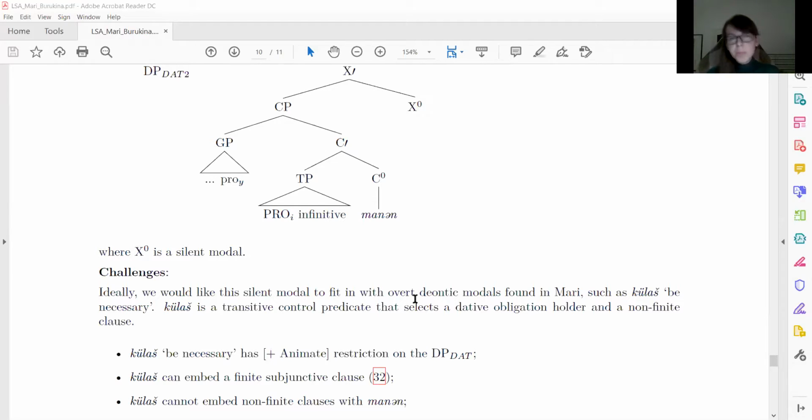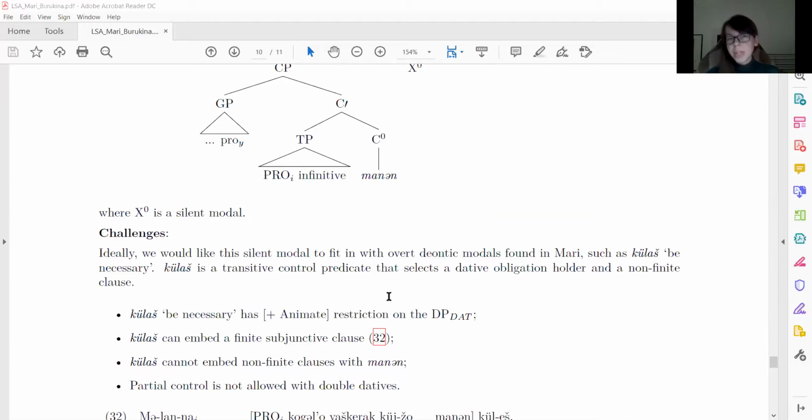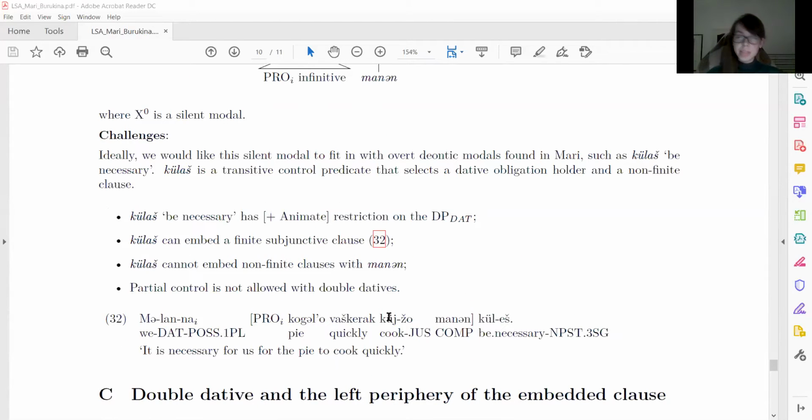And the overt modals that we see in Mari, on the one hand, are quite similar. They can also embed a non-finite clause. They can also have a dative dependent, right? But on the other hand, they have some completely distinct properties. For example, this deontic modal, kulash, which is basically 'to be necessary', has a plus-animate restriction on the dative DP and not a plus-human one.